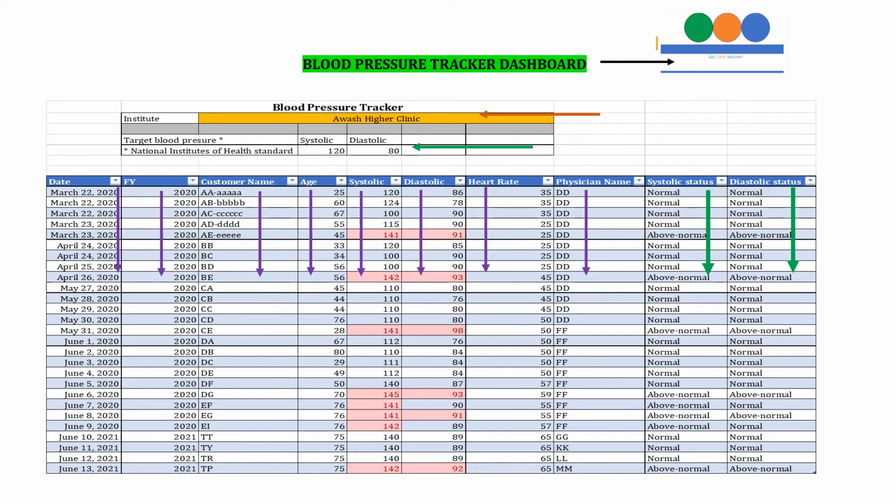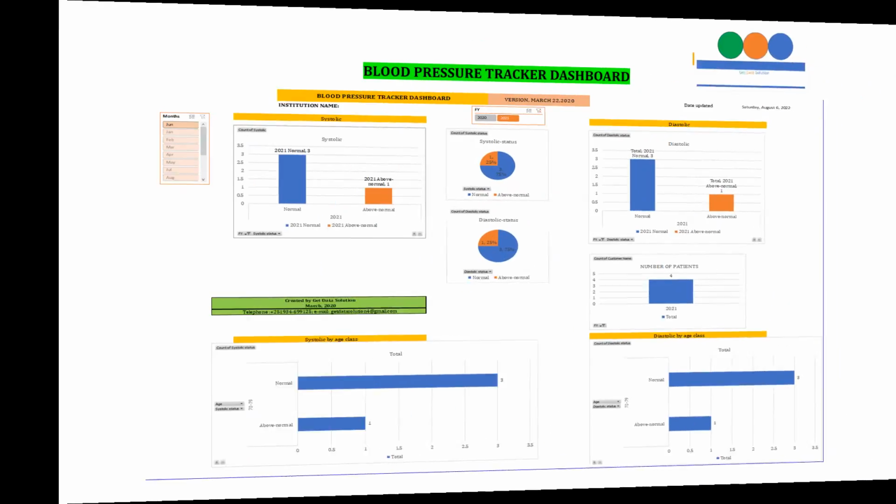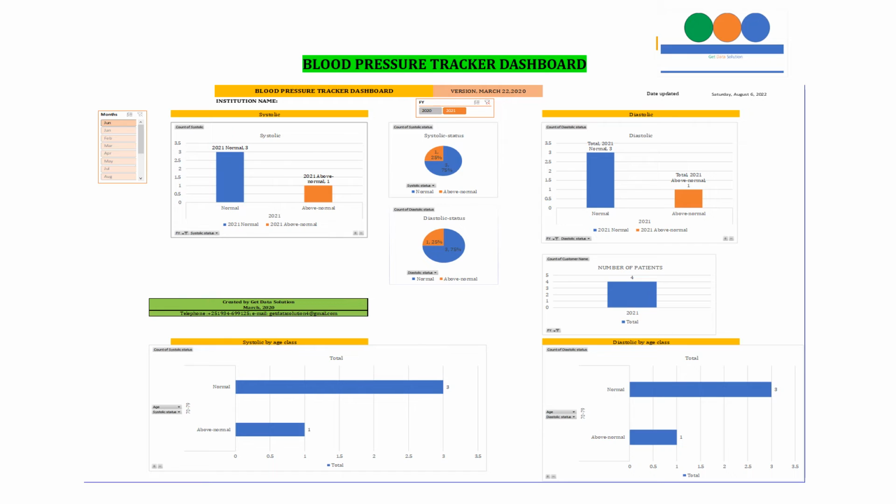So from this table, as you insert the data, you'll get the dashboard. If you insert the data in the previous table, then we'll get the dashboard like this one.